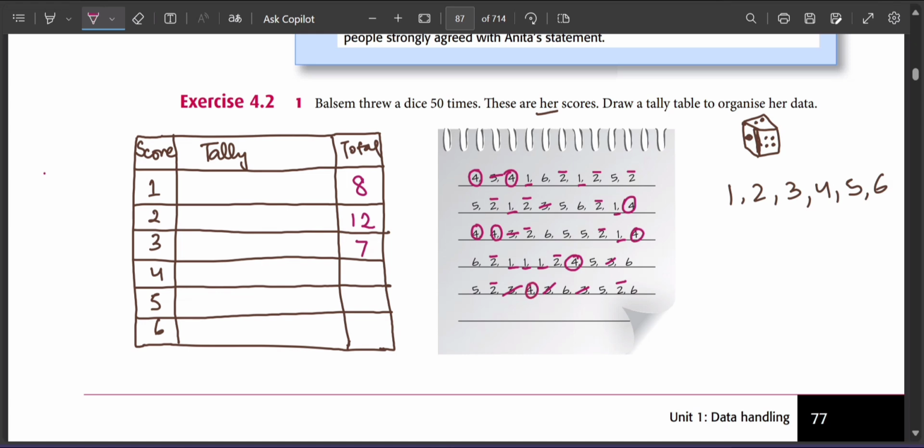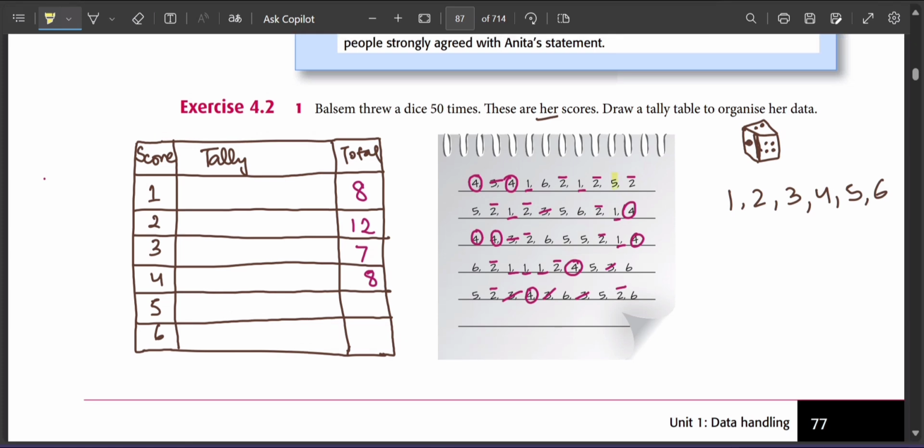Yes. What about 5? For 5, let's highlight them. Okay. 1, 2, 3, 4, 5, 6, 7, 8. I missed another one. Right. So there are a total of 8.